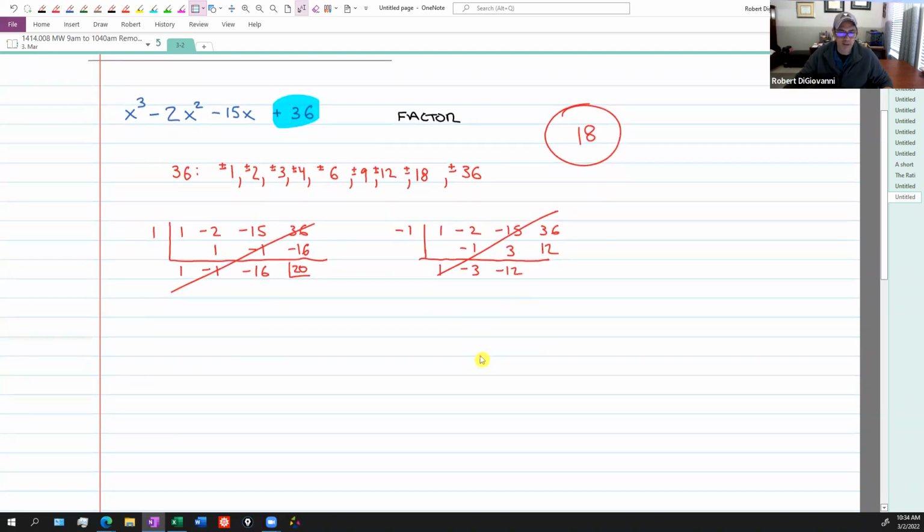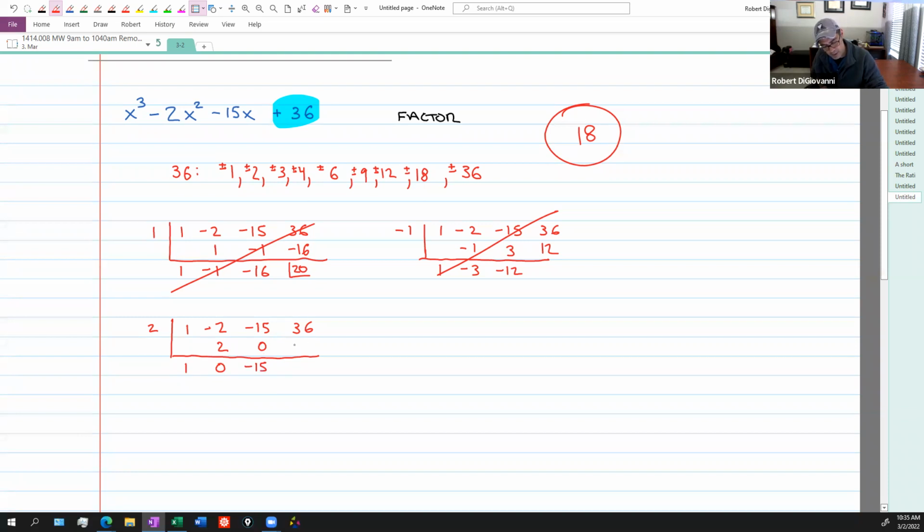Does anyone have it yet? What works? No one's there yet. I'm going to go to 2. 2 times 1 is 2. That gives me a 0. 2 times 0 is 0. That gives me -15.